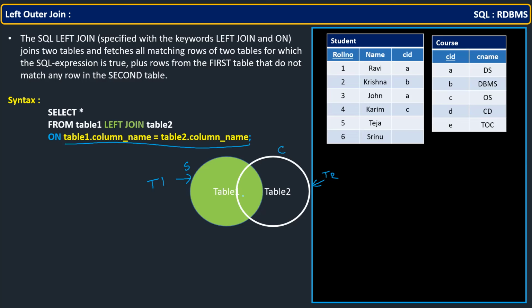So this is the keyword when you use the left join. On S dot CID equal to C dot CID. Don't worry about this part, let it be.